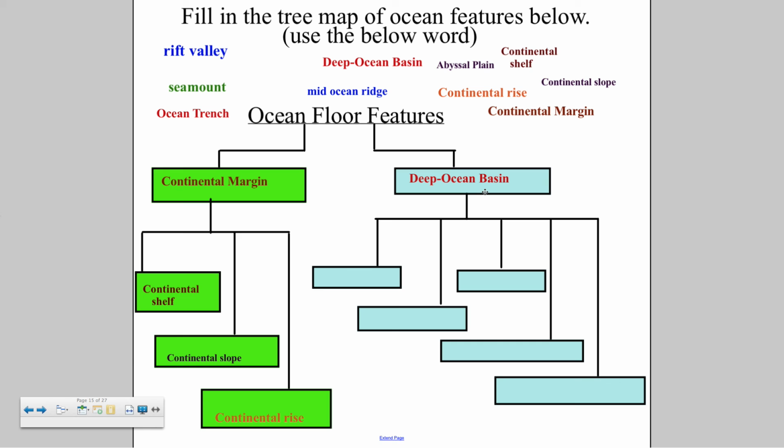And everything left over goes there. You have your seamount, which we can also include Guyot in that same box, because a Guyot is like a seamount. You have your abyssal plain. Ocean trenches. Rift valleys. And mid-ocean ridges.